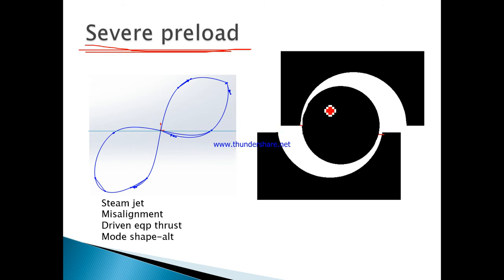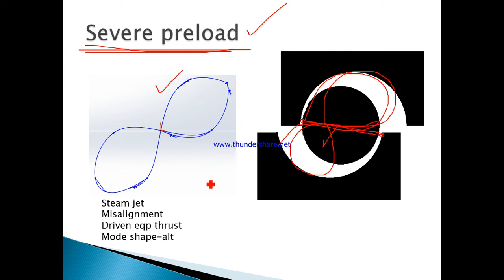Now you see, in this area the clearance is less, but if the shaft is coming out from this region, it is getting wider, so it can move like this. So in case of severe preload, you will get the orbit diagram in this shape.